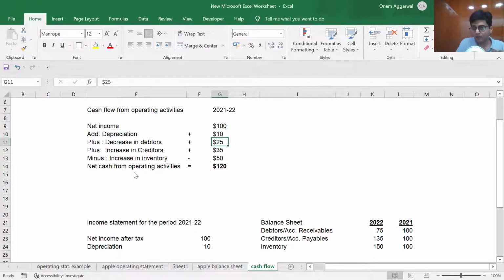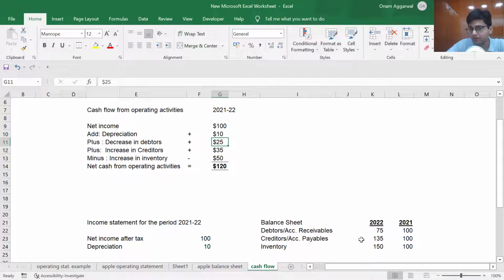Now for first timers, it can be a very difficult concept to grasp, but try to understand that whenever you are reducing the current assets, you are freeing the money or the liquidity in your business, and that increases the cash. So that decrease in debtors has increased our cash.